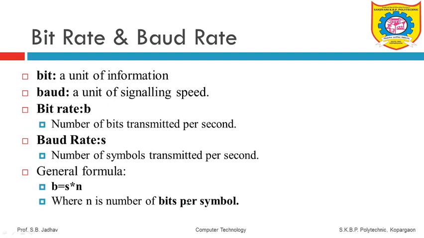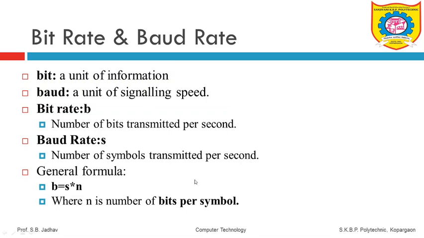Let us see the relation between bit rate and baud rate. Bit is a unit of information, while baud is a unit of signaling speed. Bit rate is denoted by B, which means the number of bits transmitted per second, while the baud rate S is the number of symbols transmitted per second.